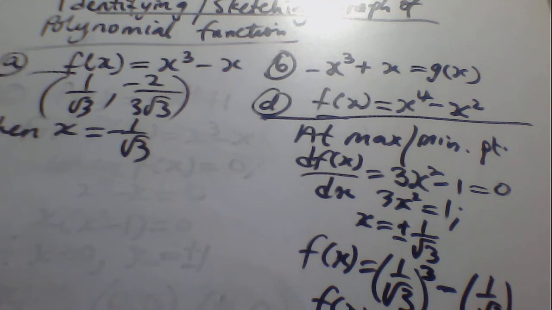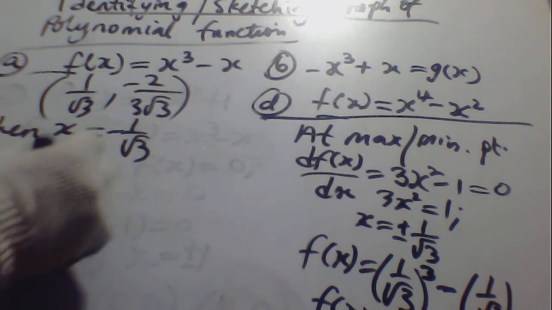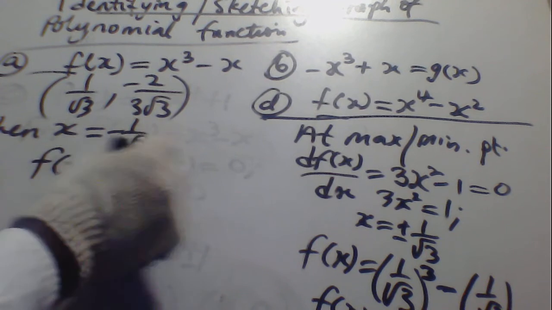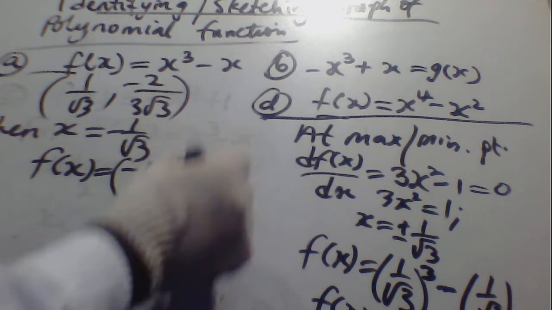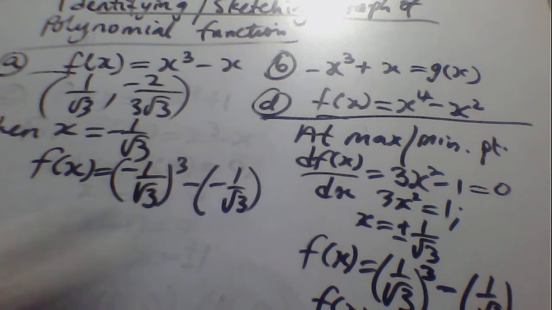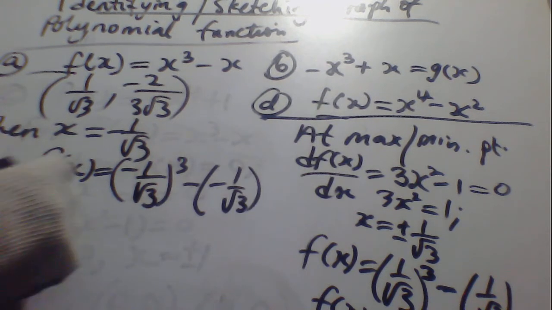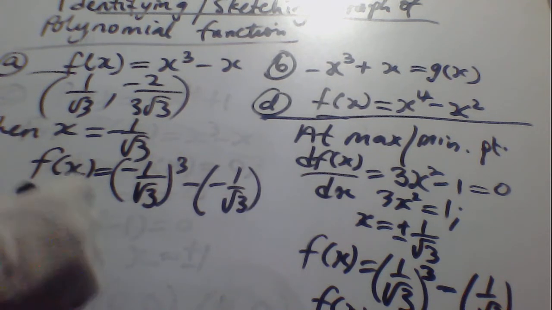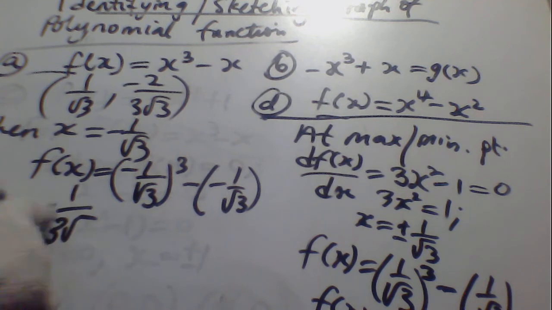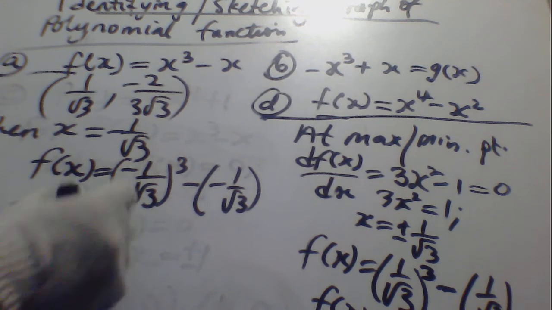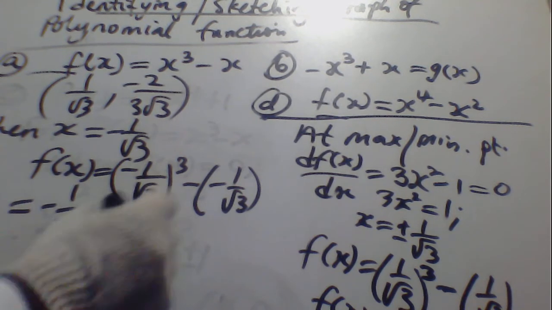f of x is the value of y at the turning point. So f of x is equal to minus 1 over root 3 cubed minus, in bracket, minus 1 over root 3. So this will give us minus 1 over 3 root 3 plus 1 over root 3.